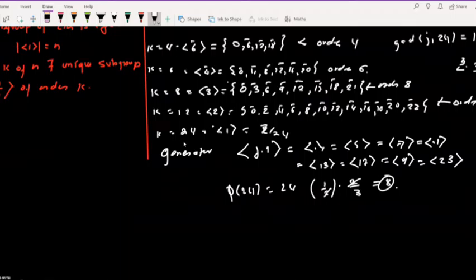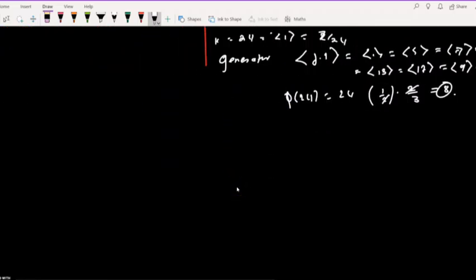Let's quickly look at what would be the generators of a subgroup. Let's look at another problem.